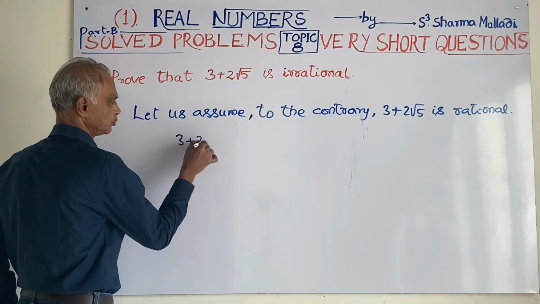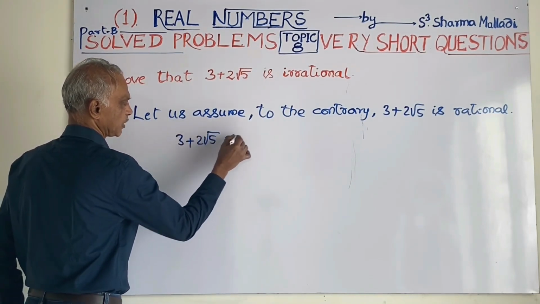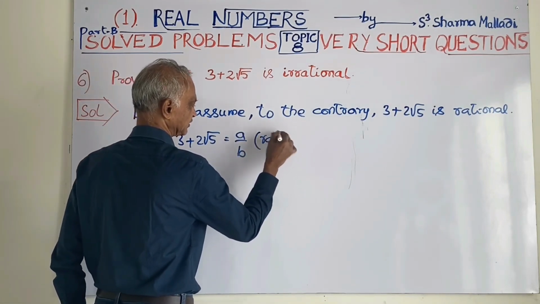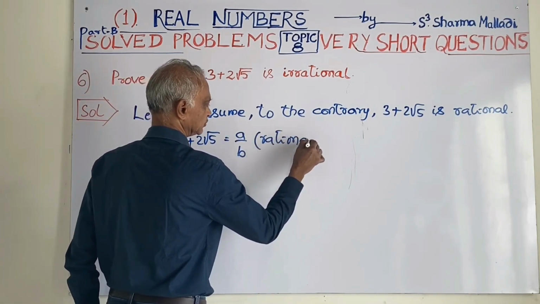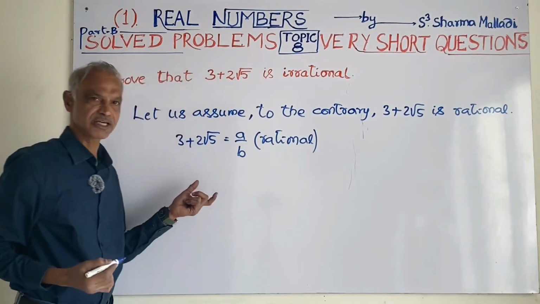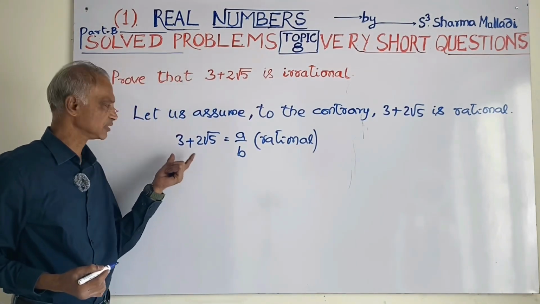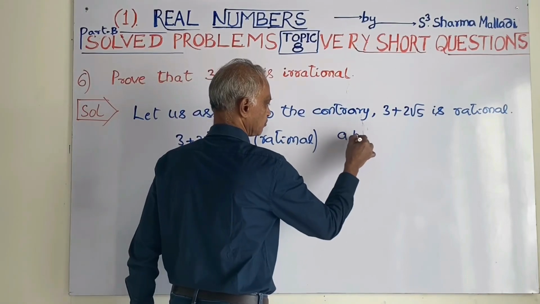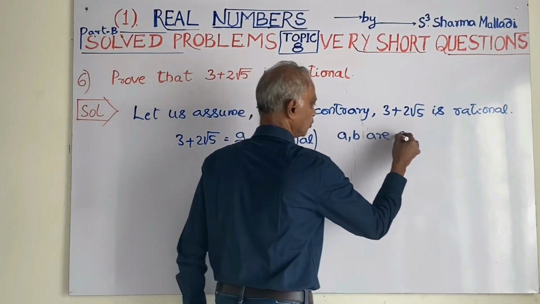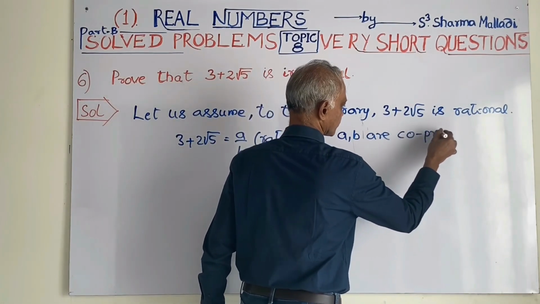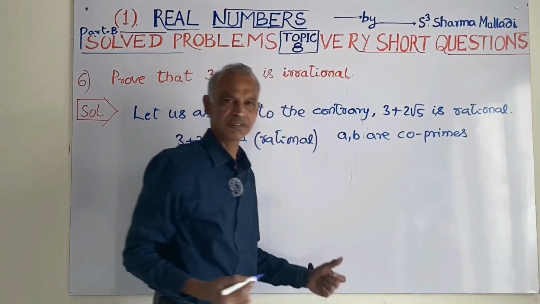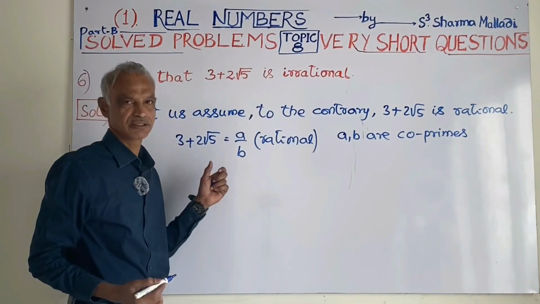3 plus 2 root 5 is equal to a by b. It is a rational number. Let us assume a by b is a rational number, where a, b are co-primes. Co-primes means they will have only one as a common factor.